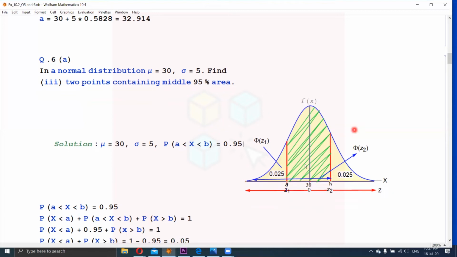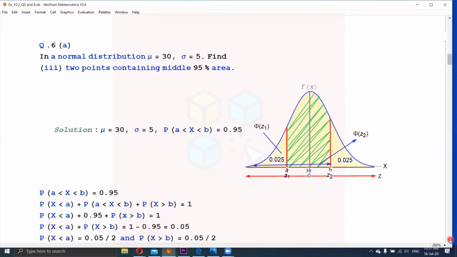area under the curve. Now we write the given probability, which is 0.95, and substitute this value here, equal to 1, and then 0.95 goes to the right hand side, and the answer is now 0.05. And on the left side, probability X less than A is the left tail area, and probability X greater than B shows the area on the right tail.